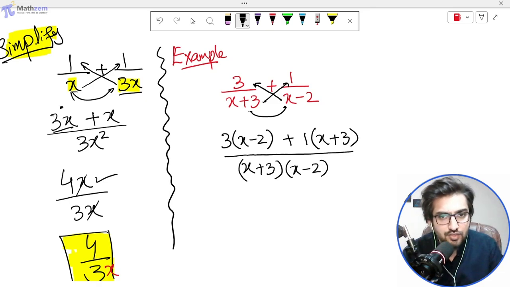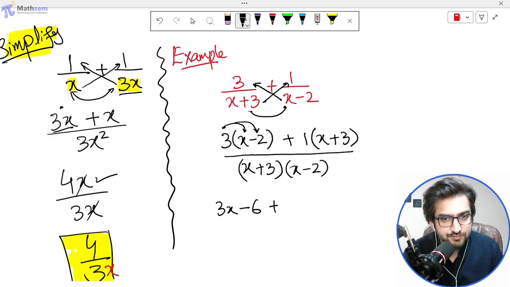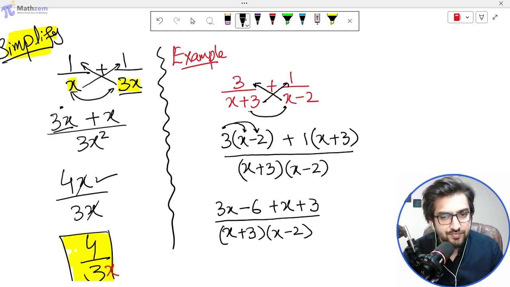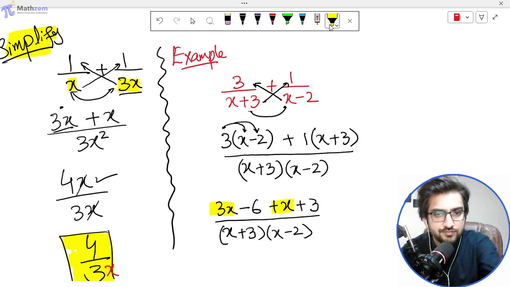Now let's simplify the numerator by multiplying this 3 inside the bracket. This is a single bracket question. So 3 times x is 3x, 3 times minus 2 is minus 6, and 1x plus 3. Write denominator as it is. Now 3x plus x is 4x.